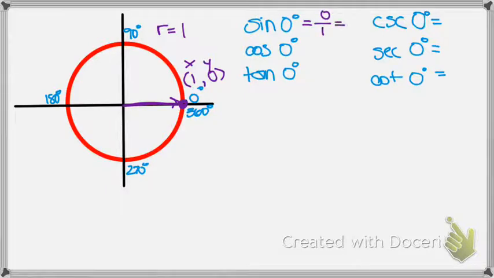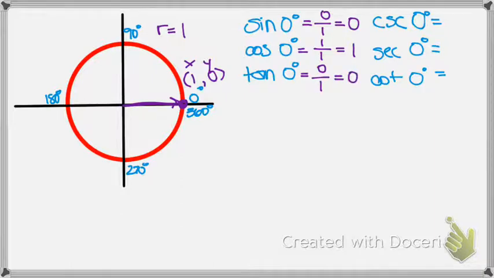What's that going to give me? 0. Cosine at 0 is x over r. What's the x value? 1 over the r value. Okay, what does that give me for the cosine? 1. Tangent is y over x. What's y? 0. What's x? 1. What's that give me for my tangent?